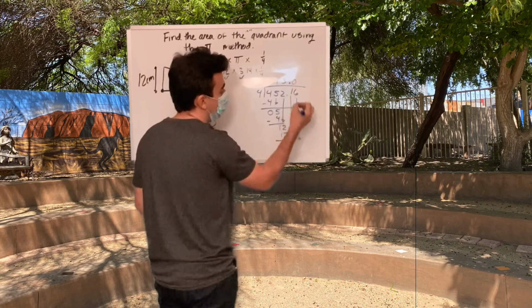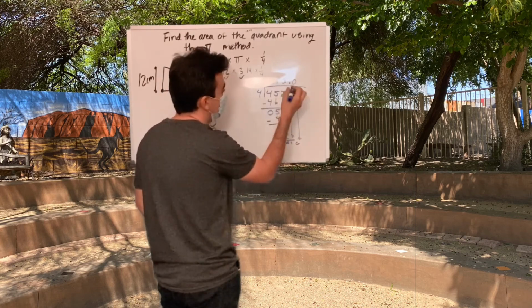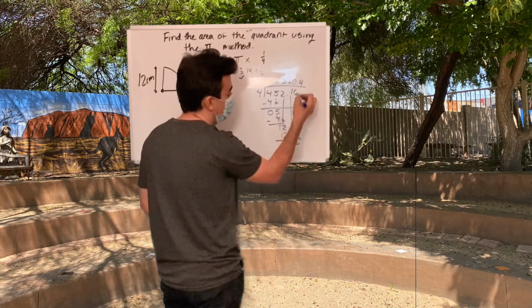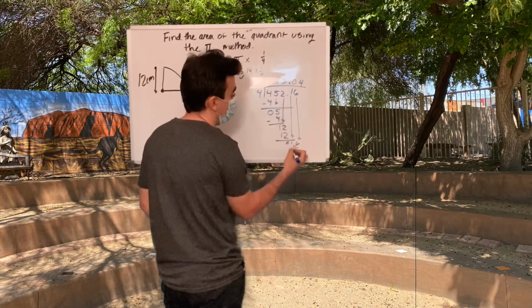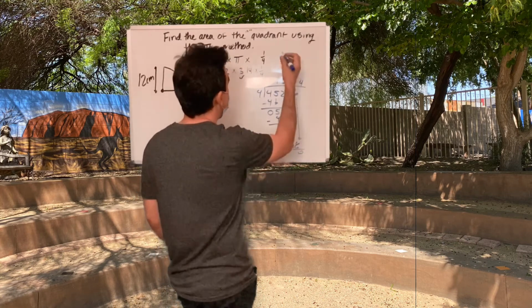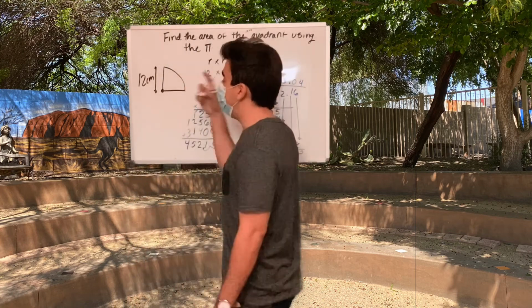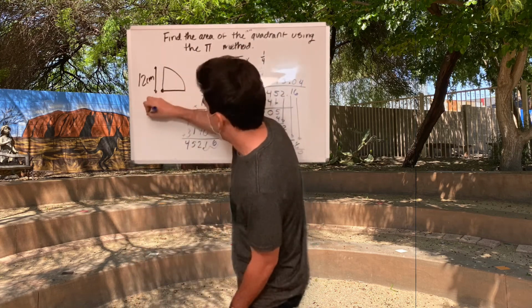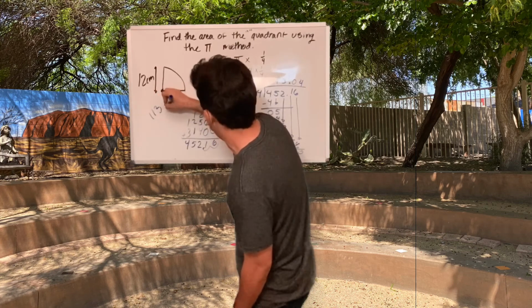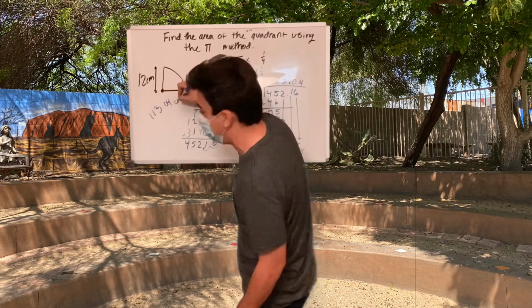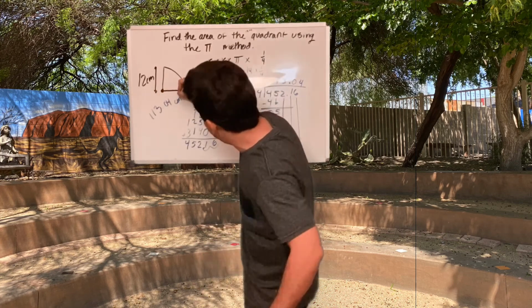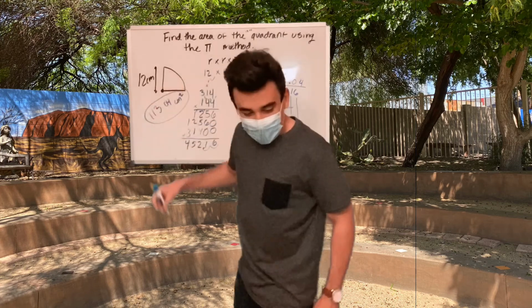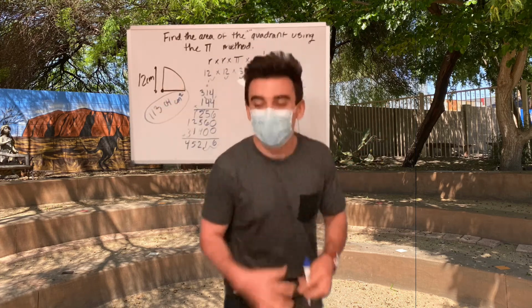So put a 0, and now we're solving for 16. 4 times 4 is 16. No remainder. And the area of this quadrant is approximately 113.04 centimeters squared. Very good.